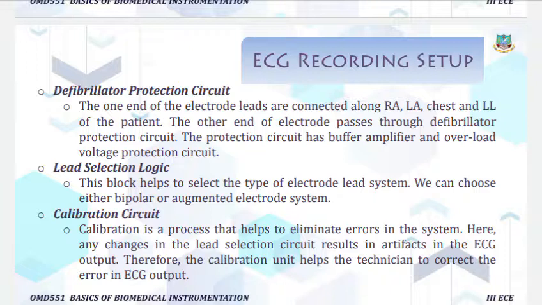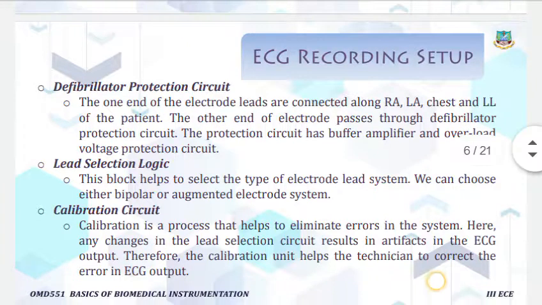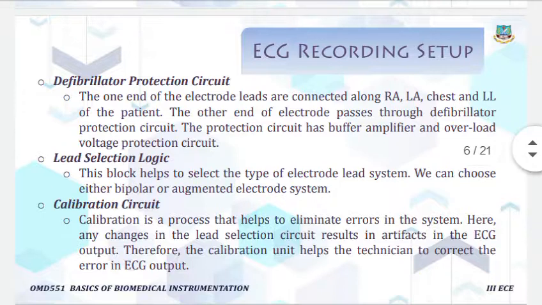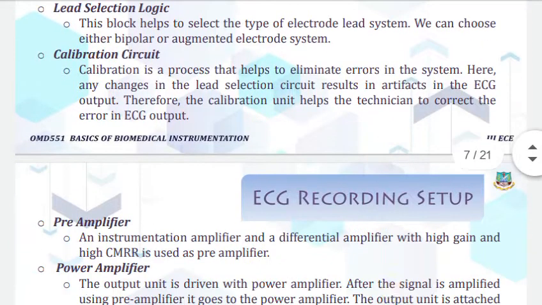Any change in the lead selection, for example if you take bipolar, there will be some error. If we switch to the augmented electrode also, there will be some error. That is called artifact, some noise, and it is cleared using this calibration circuit. So it helps the technician to correct the error in the ECG output.